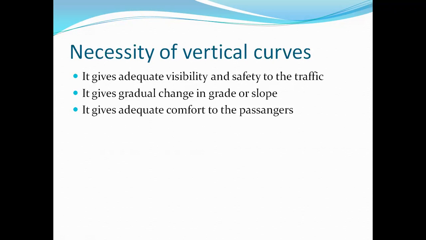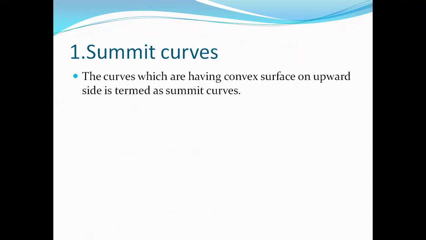When there is a change in the slope or gradient of the road, vertical curves are necessary. Then they give adequate comfort to the passengers. For the comfort of passengers, vertical curves are necessary. These are the necessities of vertical curves.